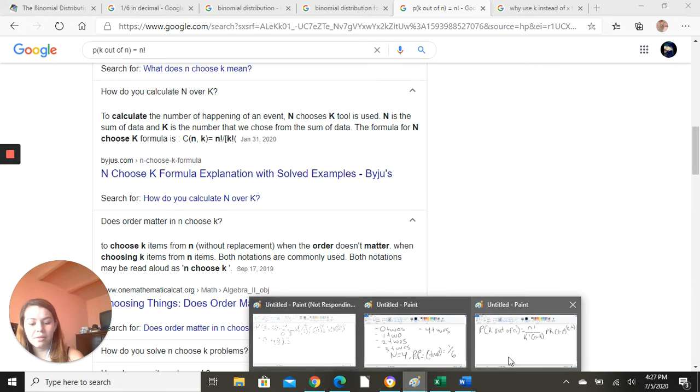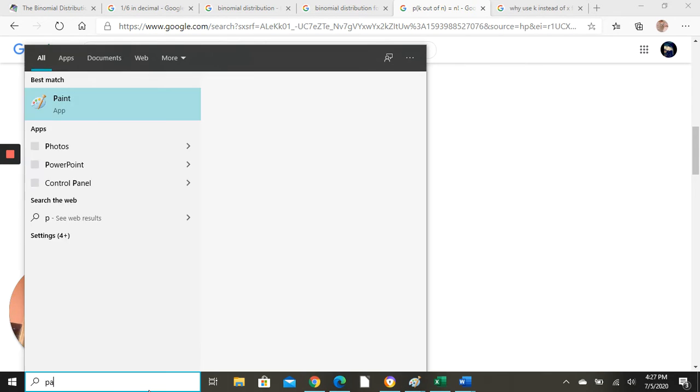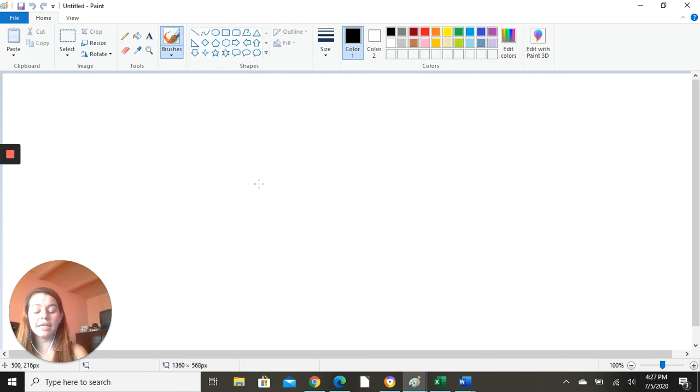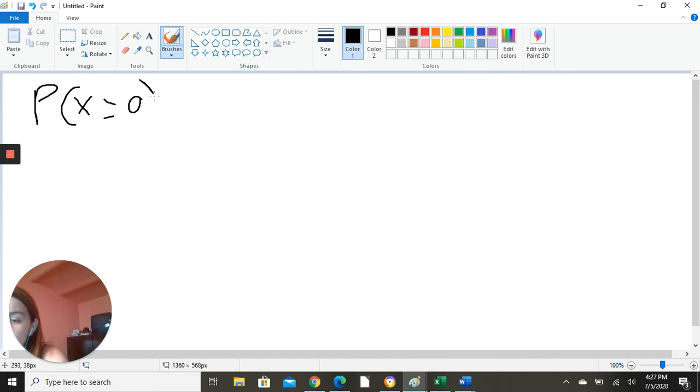So we're going to be using the paint board. And I'm going to be saying the numbers out loud just in case you guys don't understand my writing. It's really hard writing on this. All right. So we're going to find our 0 twos first. We'll start off with P(x equals 0), since we're going to be finding that one.